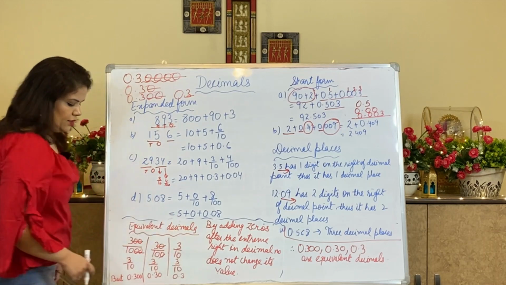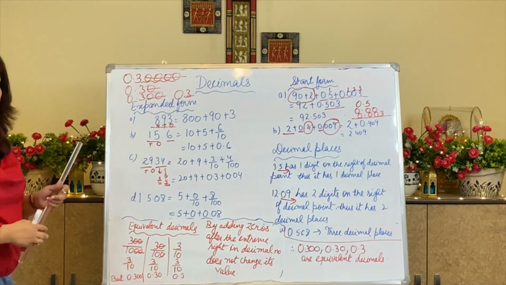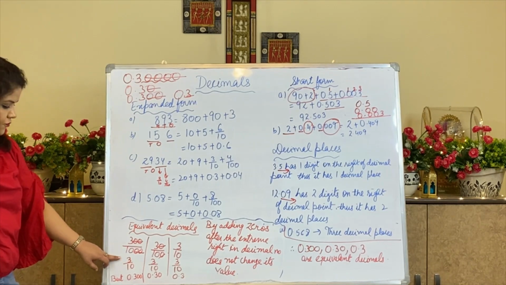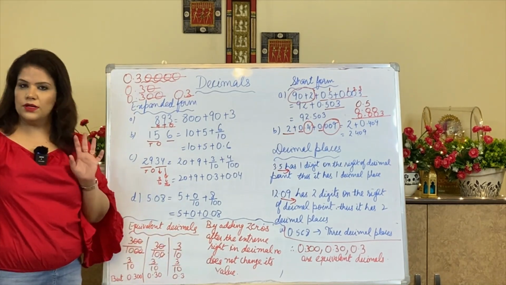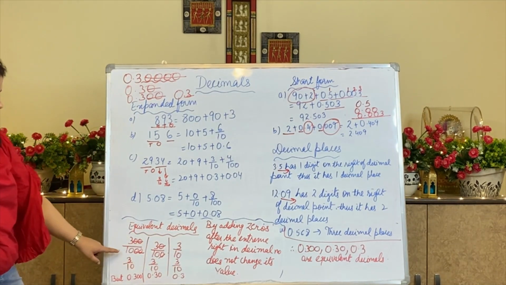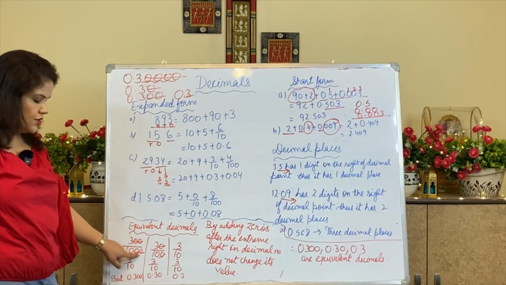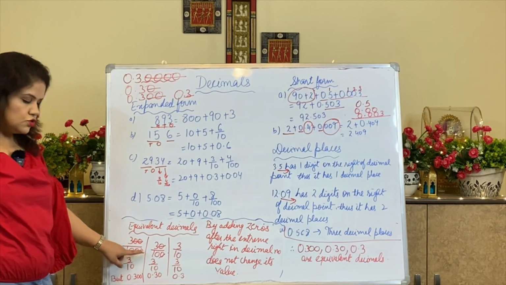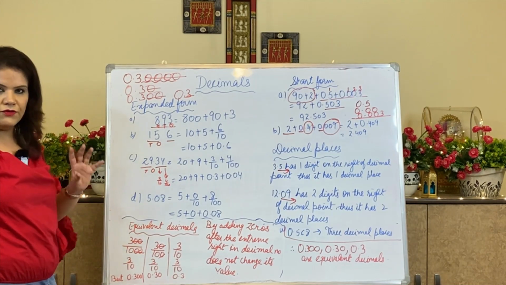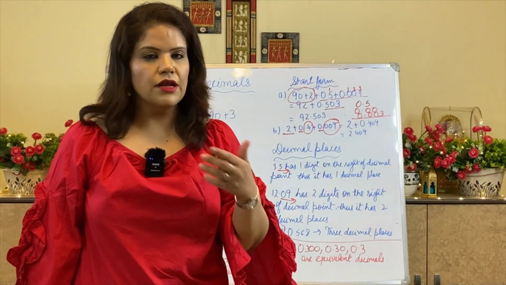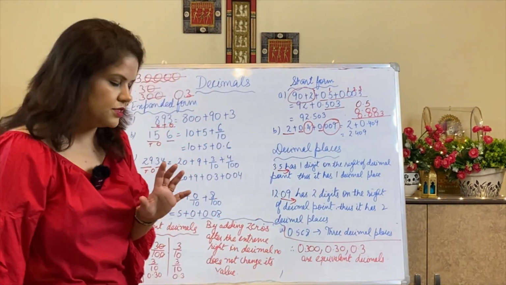This is 3 by 10 only. So if I have to write this in the fractional part, the fraction part is equal. You can see that. If I am writing this in the decimal number, since it has 3 zeros in the denominator, we will have 3 decimal places.